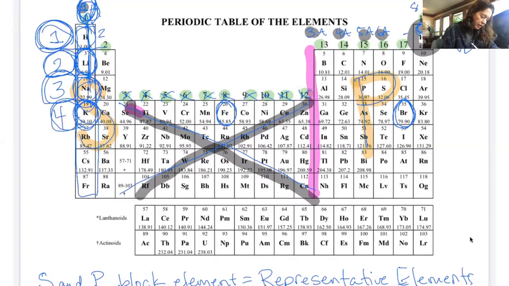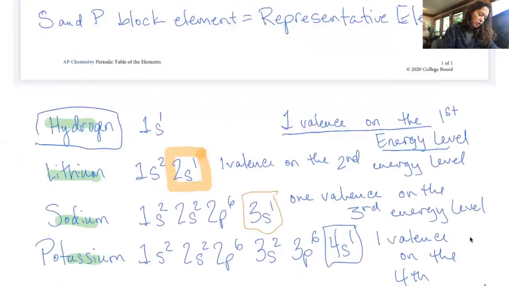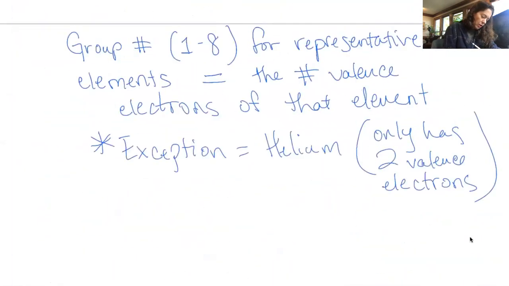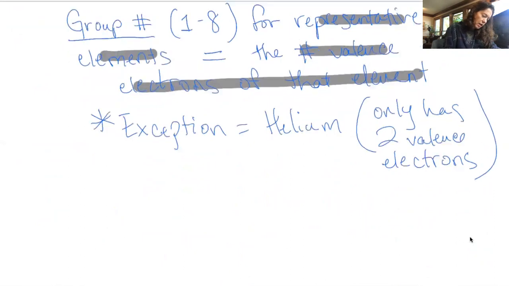Let's go over here to bromine. Bromine has 7 valence, and they're located on the fourth energy level. So what we just determined was that the group number of a representative element is equal to the number of valence electrons.